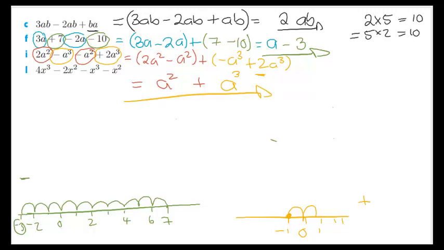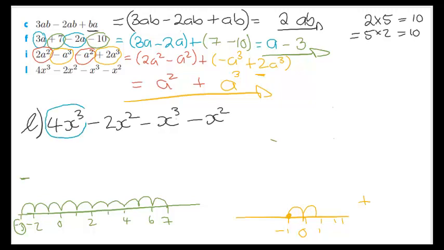And finally, our last example for today is going to be L, which is 4x cubed minus 2x squared minus x cubed minus x squared. So I start with my colors. 4x cubed. Do I have any more x cubed? Yes, I've got there x to the power of 3.